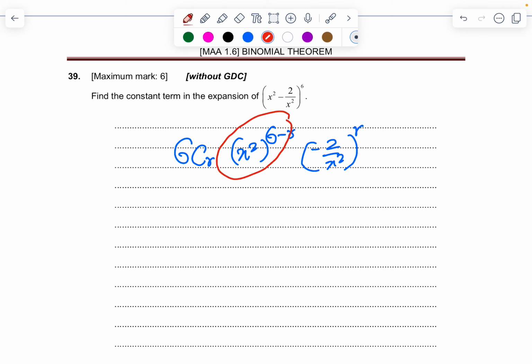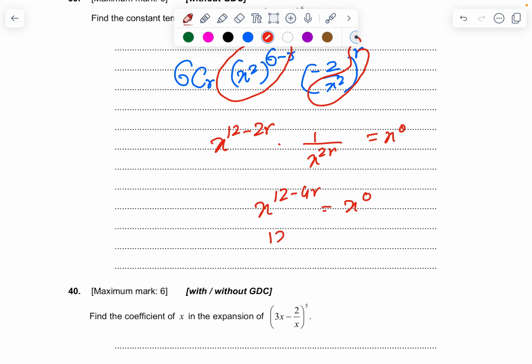Now for the constant term, pull out only the x terms and equate to 0. x to the power of 12 minus 2r, 1 upon x to the power of 2r equals x power 0. So x to the power of 12 minus 4r equals x power 0. So 12 minus 4r equals 0, 4r equals 12, r equals 3.